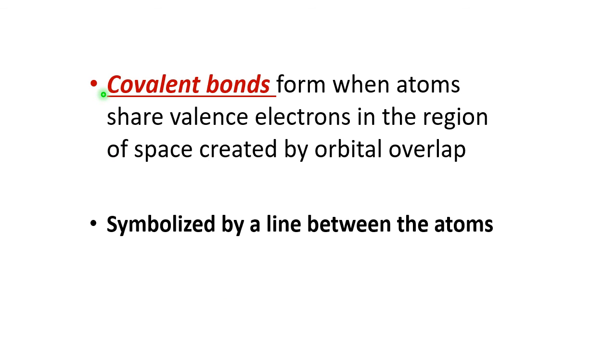So let's make a summary. Covalent bond forms when atoms share valence electrons in the region of space created by orbital overlap. It's symbolized by a line between the atoms. Now, it's important to understand that electrons are not sitting between the atoms.